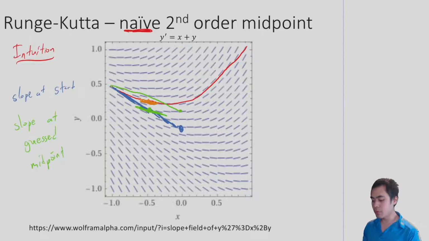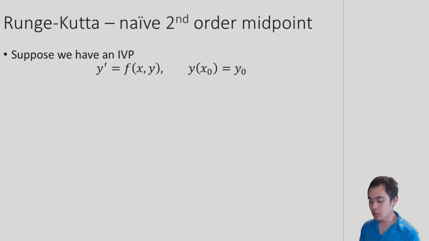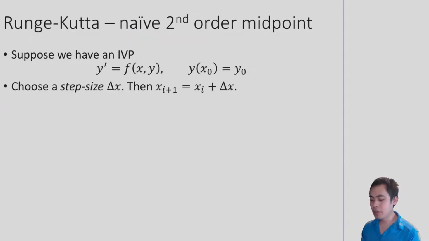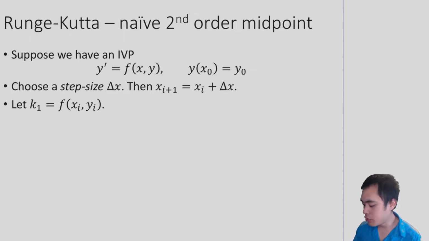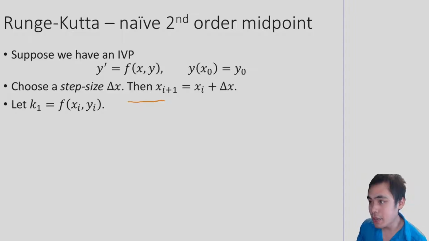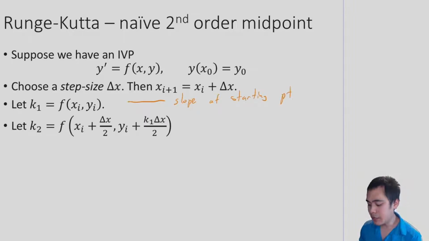So putting that all together, what we're basically saying is we have some initial value problem, we choose some step size, so per usual, we let k1 be equal to f of xi, yi. So this is the slope at the starting point. And then we get k2.